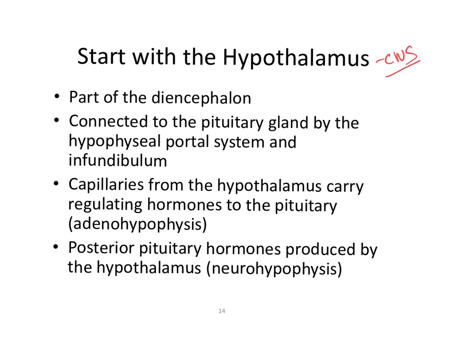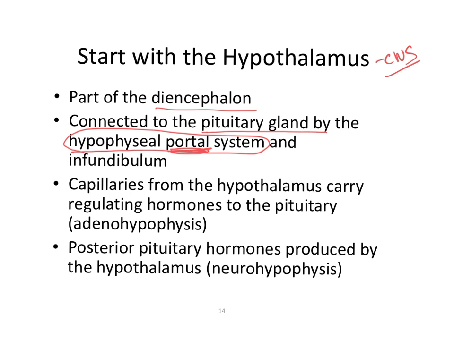Your hypothalamus is part of your diencephalon, if you remember, and it is connected to the pituitary gland by two different ways here. This hypophyseal portal system, and a lot of you are going, hypophyseal portal system. Portal is your important word here. And a stalk called the infundibulum.